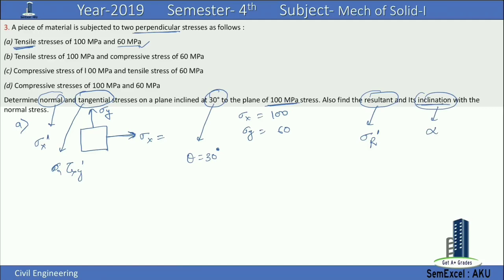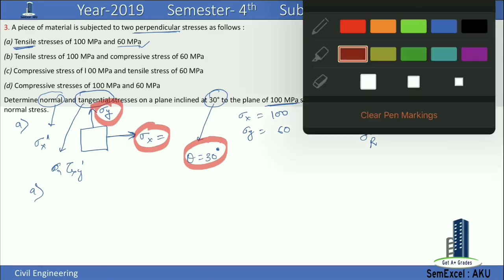So in 3a, what are the given quantities? Theta is given, and sigma x and sigma y are given. So first we'll write all the given quantities, then we'll put the values of the given quantities in the formula that we have derived. So let's write the given values.